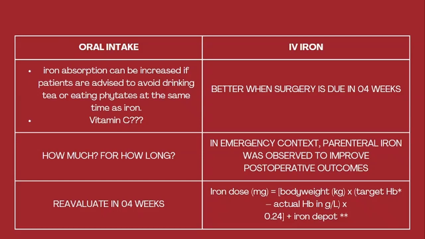However, if you are in a hurry, for example, if the surgical procedure is due in 4 weeks, it is reasonable to start the treatment with IV iron because the success rate will be better.